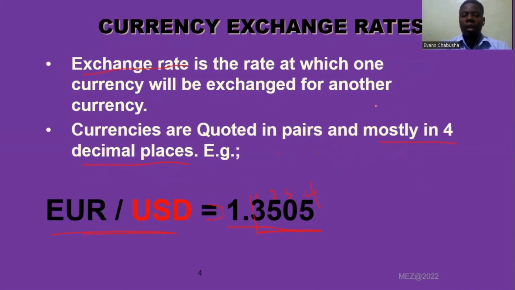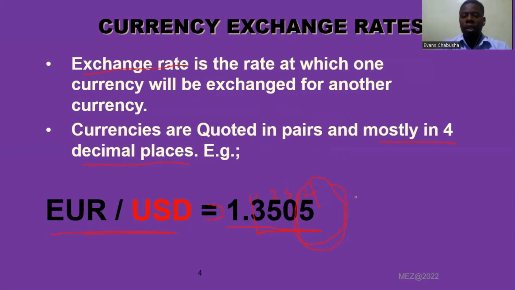Whereas all the pairs except the JPY pairs, which are quoted in 4 decimal places, the smallest value that can change is the last decimal place, the 4th decimal place.